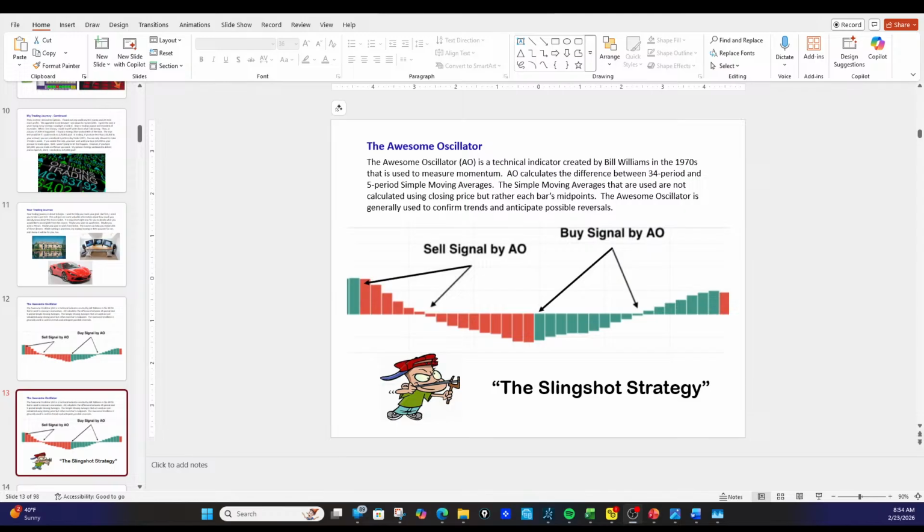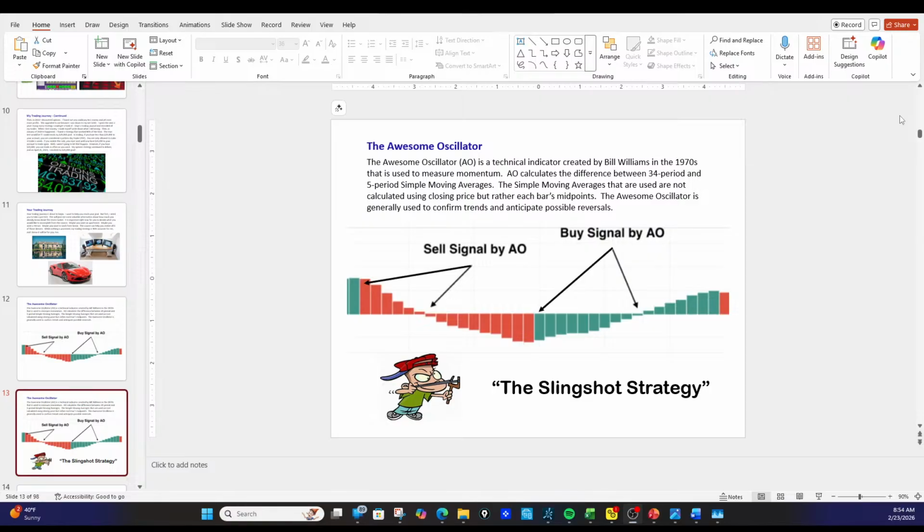Okay, this is something that I call the slingshot strategy. And before we go any further, I want to tell you about the awesome oscillator a little bit. It's a technical indicator created by Bill Williams in the 1970s that is used to measure momentum.